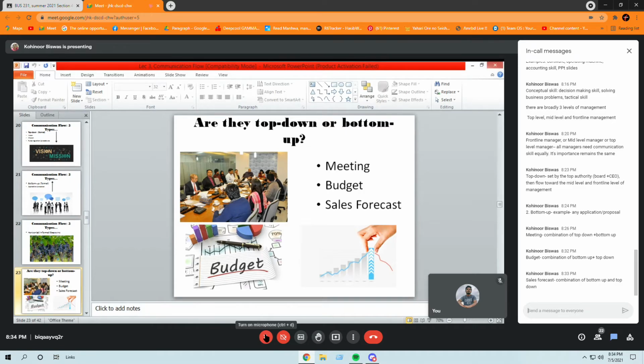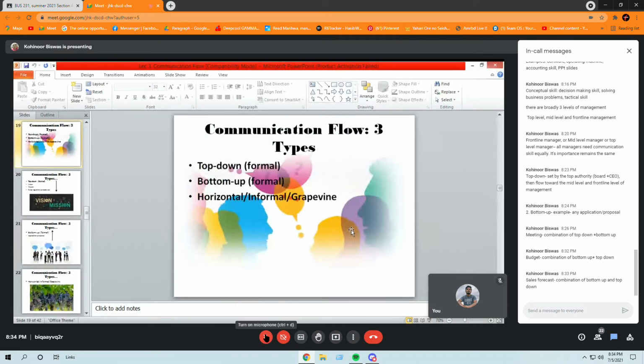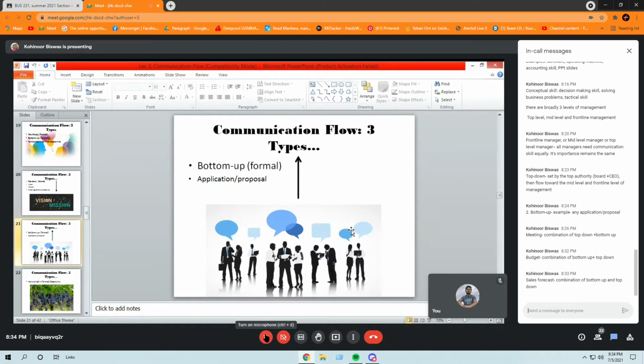So what we are learning is flow of communication. So let's go back a little for small revision, that 3 types of flow of communication. So top down, this is how it flows from top towards bottom, and look at the examples. Bottom up, this is how the flow occurs, and look at the examples.